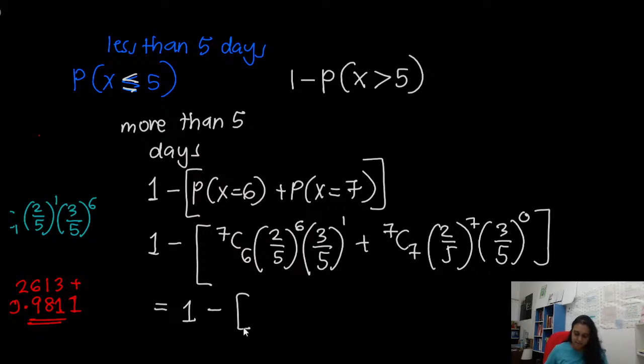7C6 times 2 over 5 power of 6 times 3 over 5 power of 1. Okay, I get 0.01720 plus, okay, the other one more. So this one got 2 only, I need to plus.